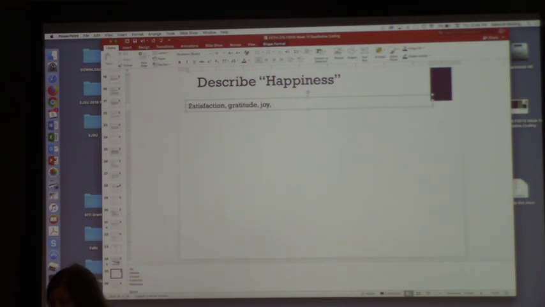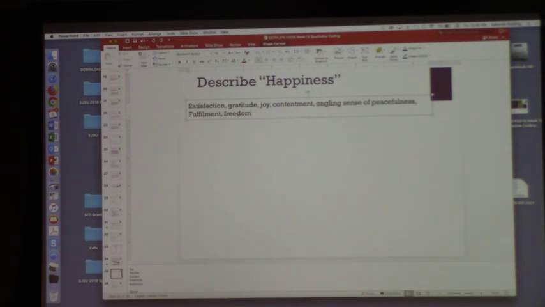Got three joys. Contentment. Anybody with a longer definition of happiness? Like an ongoing sense of peacefulness. Some more. Sense of fulfillment. Freedom.